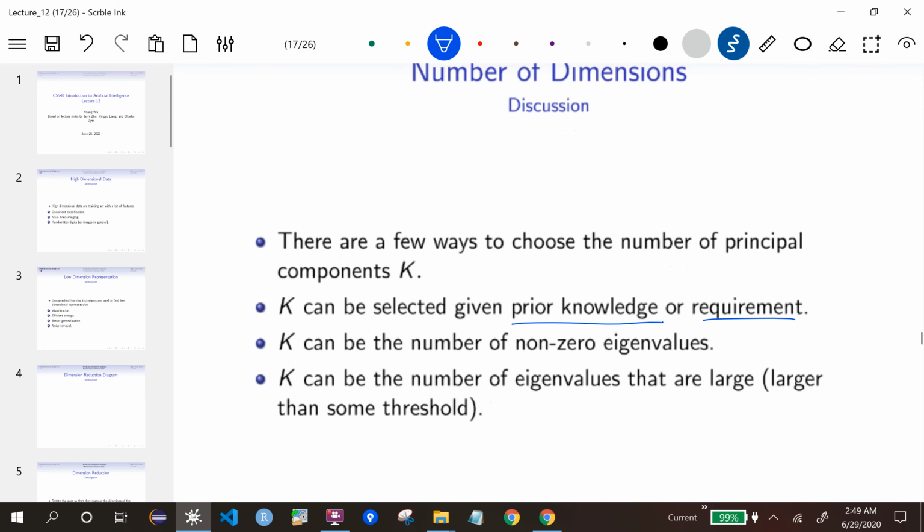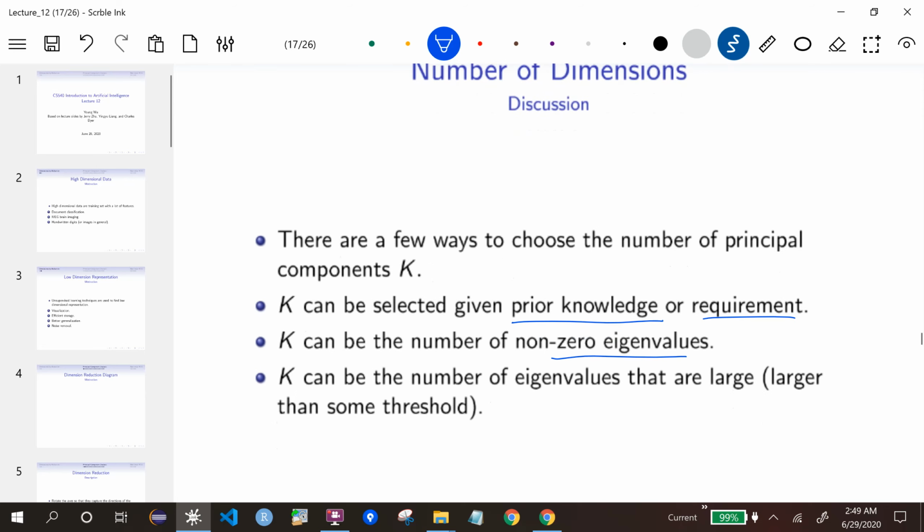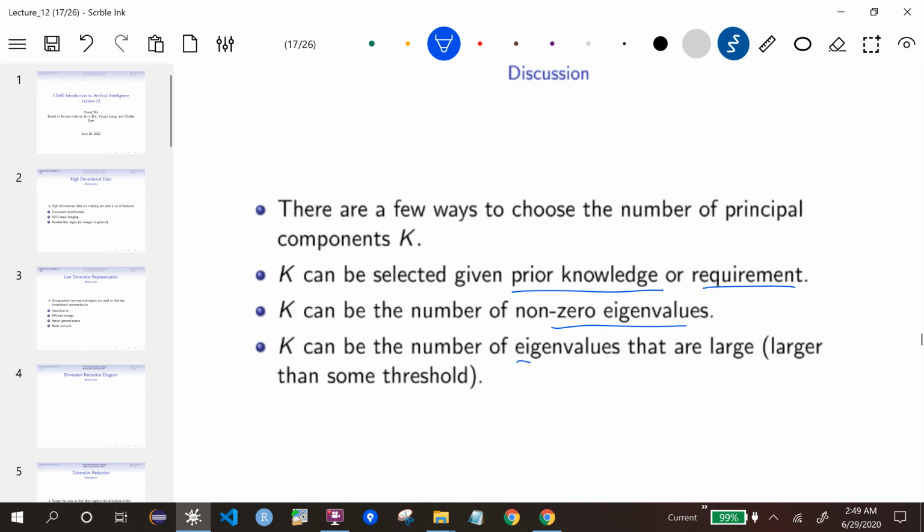Not many people actually use non-zero eigenvalues because the number of non-zero eigenvalues is usually large. So we usually use all the eigenvalues that are larger than, say, 1, or we can choose some arbitrary threshold. But again, this threshold will be arbitrary, and it depends on prior knowledge.